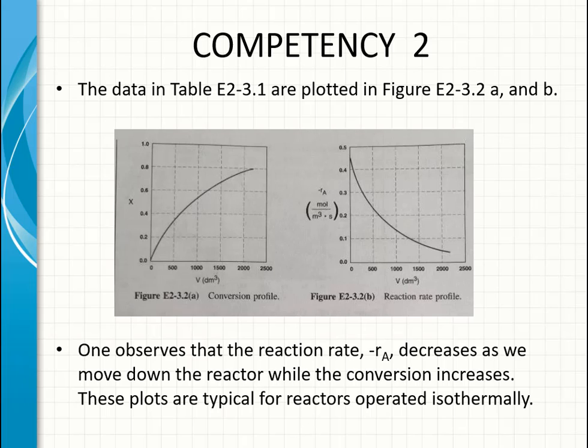As we can see here, at volume 0 of the reactor, we have the maximum rate. This rate decreases as we move through the reactor until we reach the volume of 2,165 liters, and here we have the minimum rate.